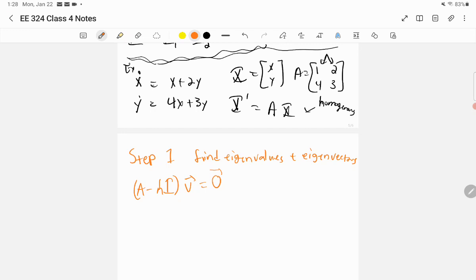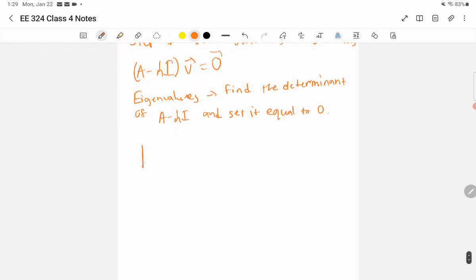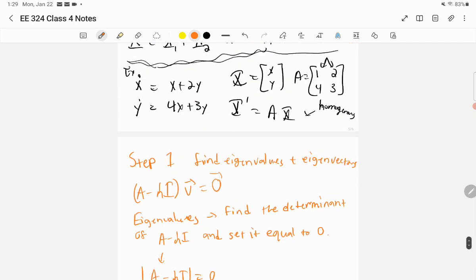And if we want to find the eigenvalues, we need to find the determinant of A minus lambda I and set it equal to 0. We saw that in a previous video, so basically the determinant of A minus lambda I must be equal to 0. Okay, so let's look at this.